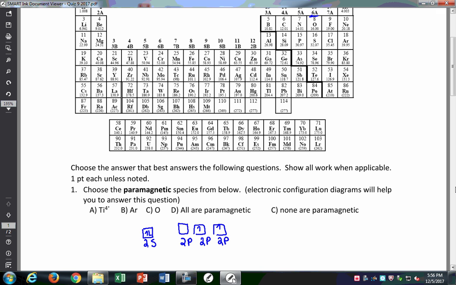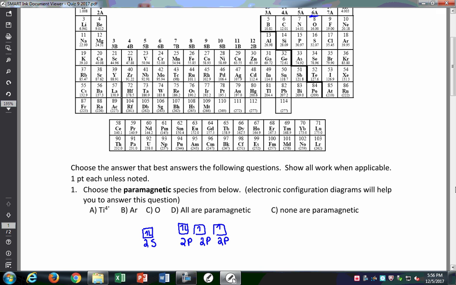I just said titanium was 81, so I hear you. So clearly we have 2 unpaired electrons. We could actually also show that based on our Lewis dot structure, which also has 2 unpaired electrons. So our Lewis dot structure actually shows that pretty well, at least for most of our main group nonmetals. That's kind of what our Lewis dot structure is representing, what the valence electrons look like in the orbitals.